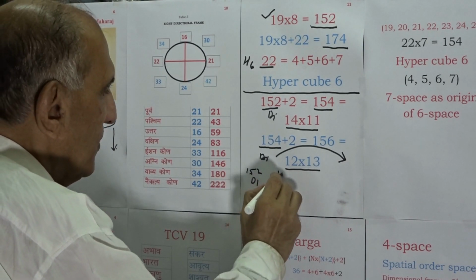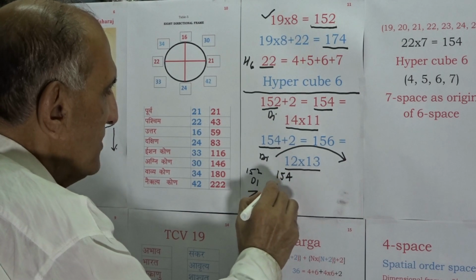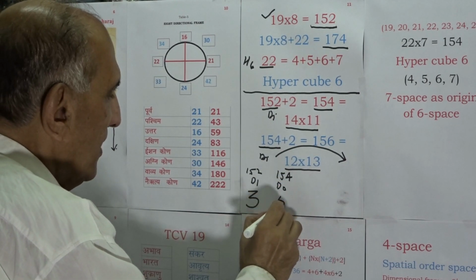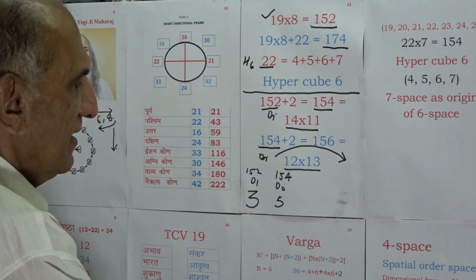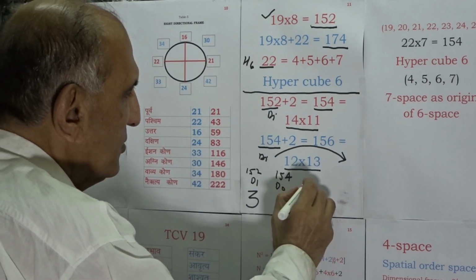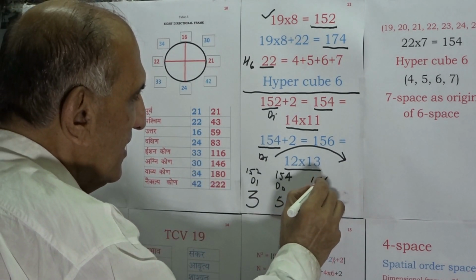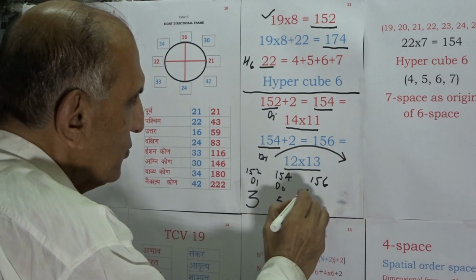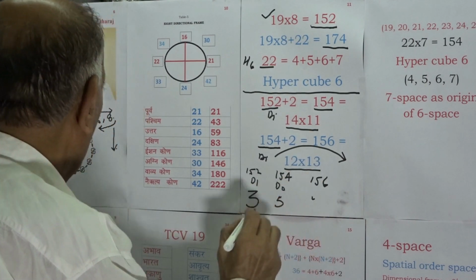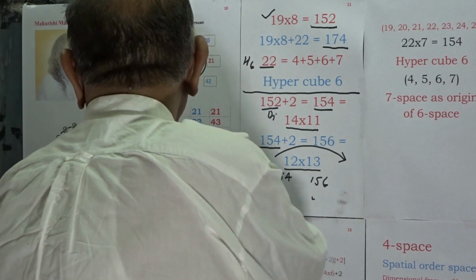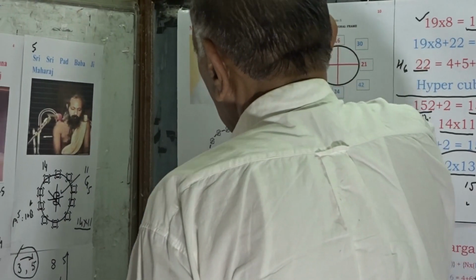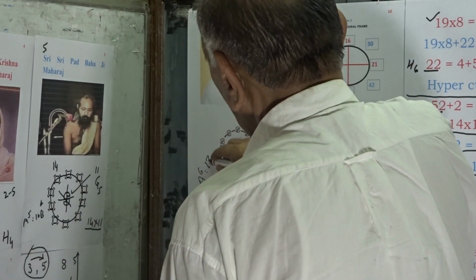We are reaching 154 as a domain as in a 5-space. A step ahead, we are reaching value 156 and it is taking us to 12. That means we are having as many as a raised to power 6 is equal to 12 b raised to power 5.